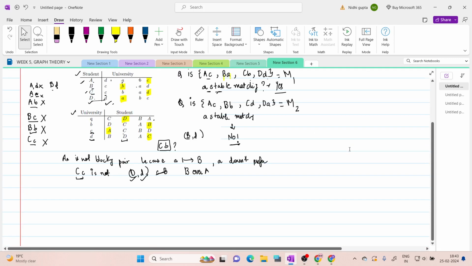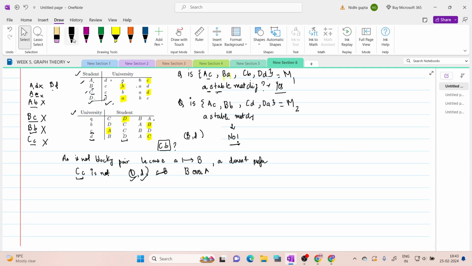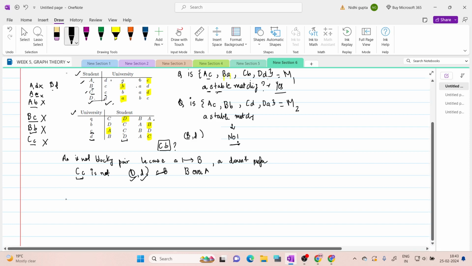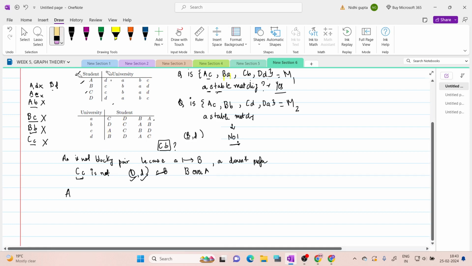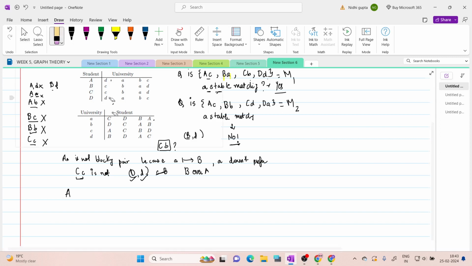So let's look at this question only and try to find a student oriented matching. First of all, I'll just quickly make this. So now we have to find a student oriented matching.